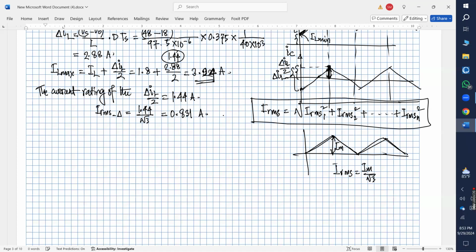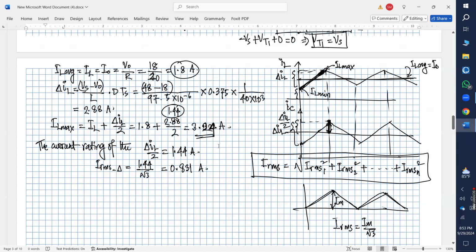0.831 amps. Now the inductor current has two components: one is the DC component and one is the triangular component. So the actual RMS current of the inductor, using this equation, we can say is the square root of IDC square plus IRMS delta square, right?